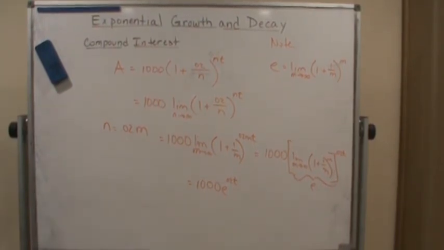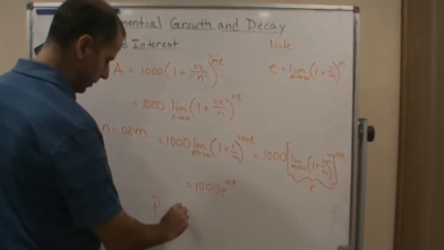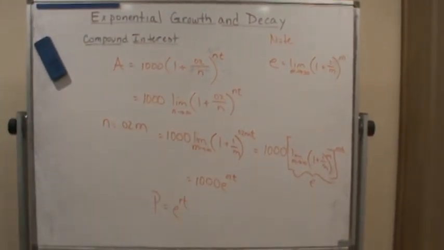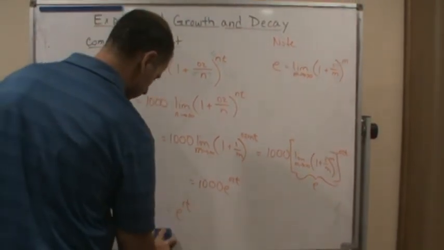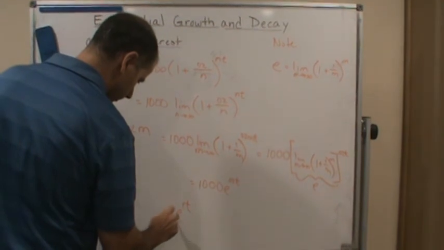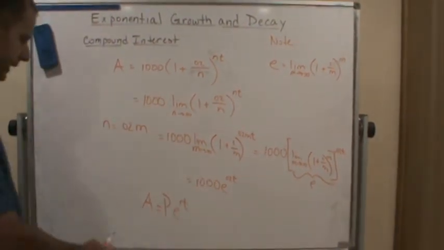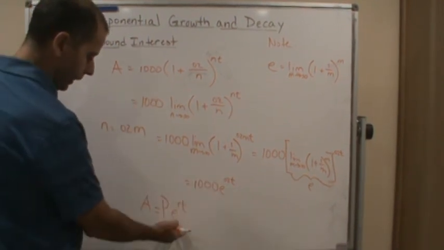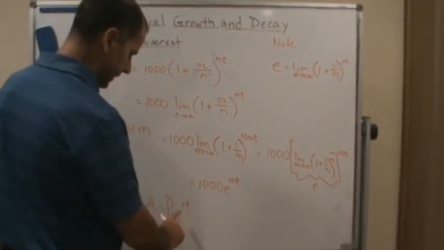Okay? Now, in general, we write this as A equals P e to the rt, where P is the initial balance, or the principal. e is just the number e. r is the annual rate as a decimal, and then t is time in years.